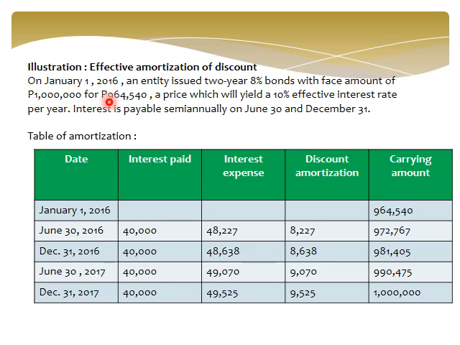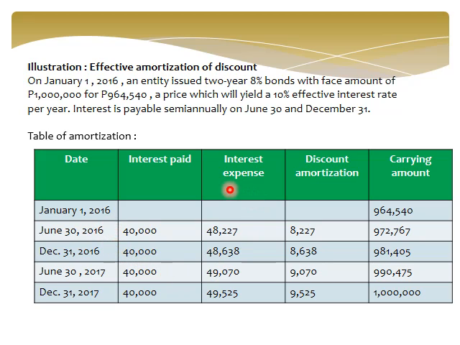So, 964,540 times 5%. Therefore, for June 30, 2016, meron tayong 48,227. So, ito yung illustration natin. January 1, 2016, meron 964,540. Siyempre, ito yung carrying amount niyan. Multiply ng 5% kasi semi-annual, so divided by 2. Meron tayong 48,227 interest expense for June 30, 2016. Ano nga sabi natin?